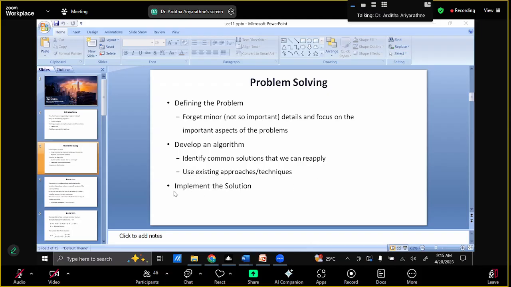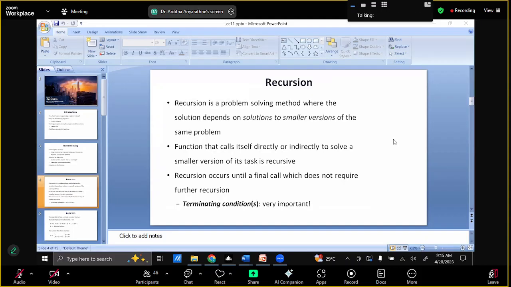Then finally we implement the solution. So we reuse a concept that we currently have. That is recursion. Recursion is a problem solving method where the solution depends on solutions to smaller versions of the same problem.